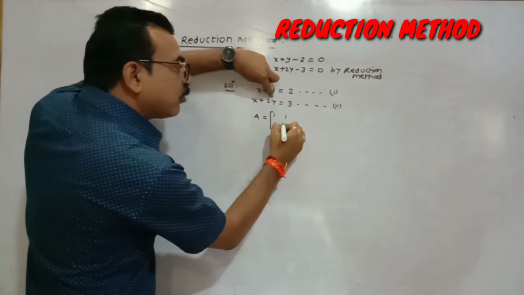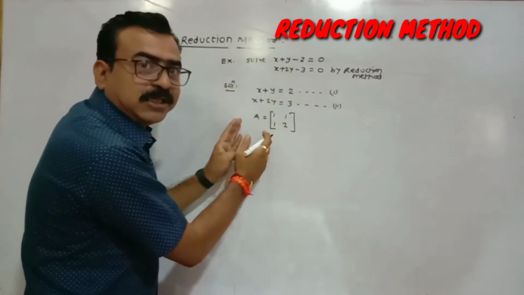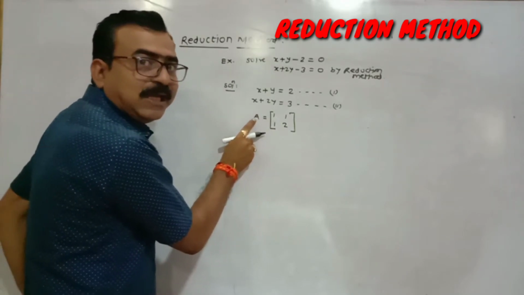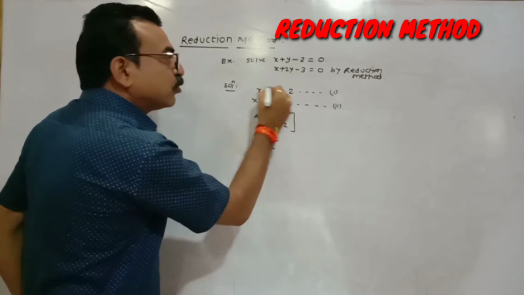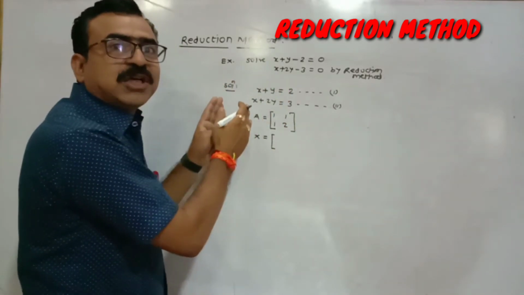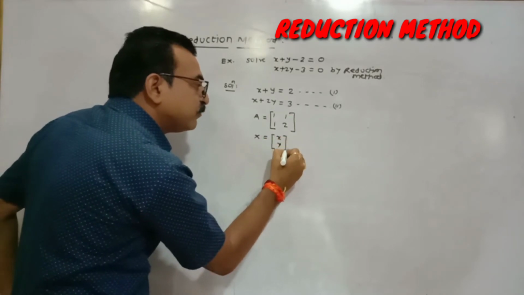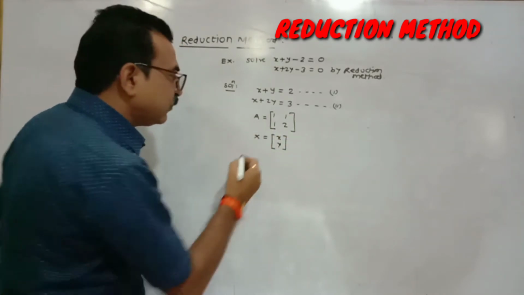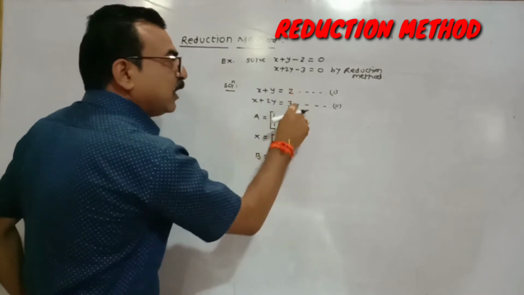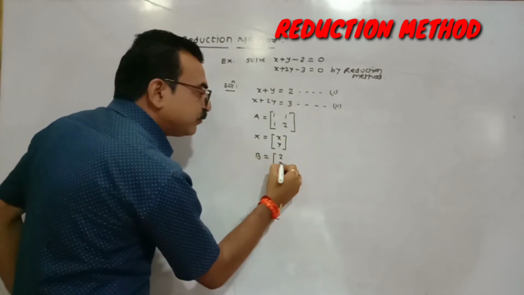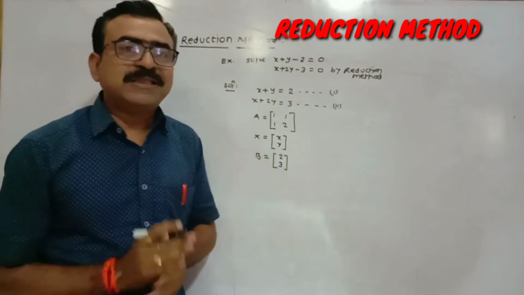What is the coefficient of y? 2. So this is called as coefficient matrix. Represent them by A. X means variable matrix. So these two equations are present in x and y variable. So x and y. This is called variable matrix. And B means constant matrix. So here constant is 2 and 3.